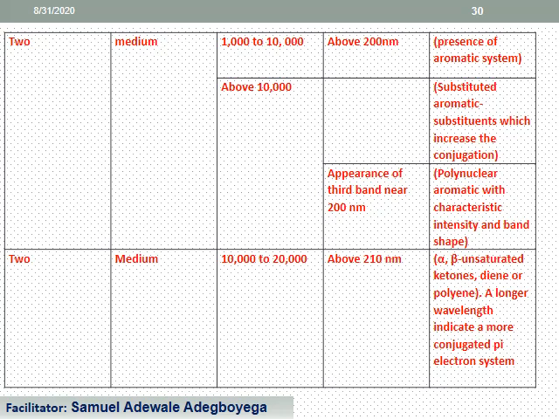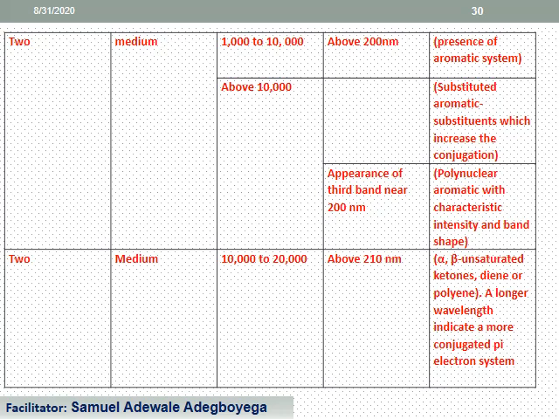If the number of bands you have is two, and the intensity is medium, and you have an absorptivity between 1,000 and say 10,000, and the maximum wavelength is above 200 nanometers, you could suspect the presence of an aromatic system.